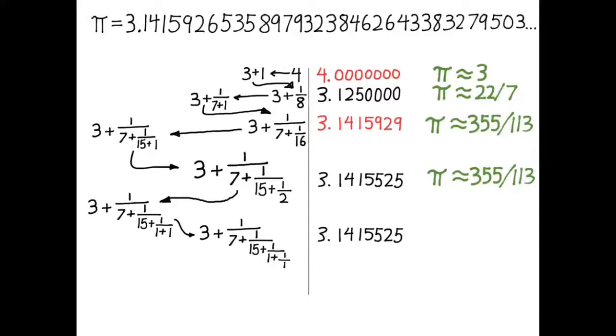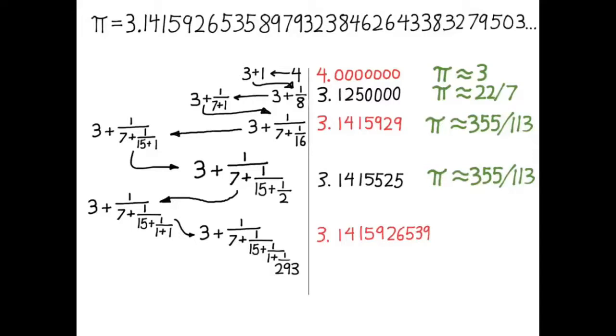Now this next step requires counting up quite high, so I'm going to use a binary search instead. Double, double, double, double, double, double, double, double, double. Now I'm too high, so I go down by 128, down by 64, down by 32, up by 16, down by 8, down by 4, up by 2, down by 1.